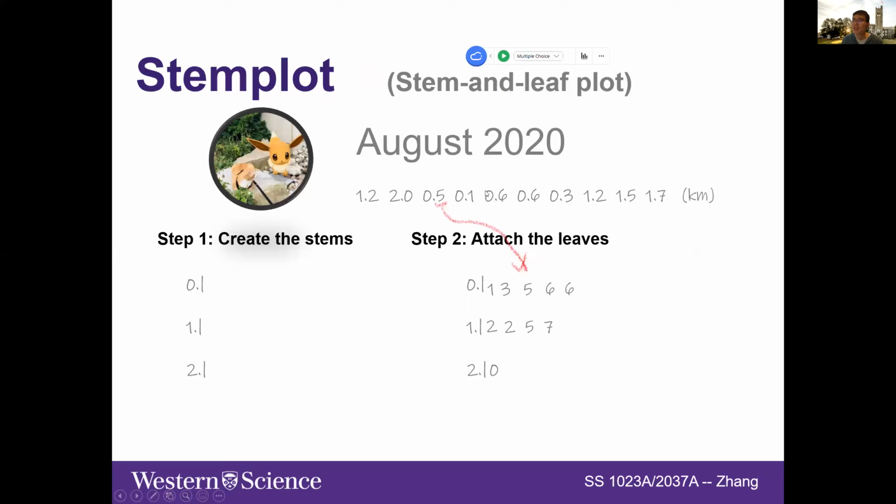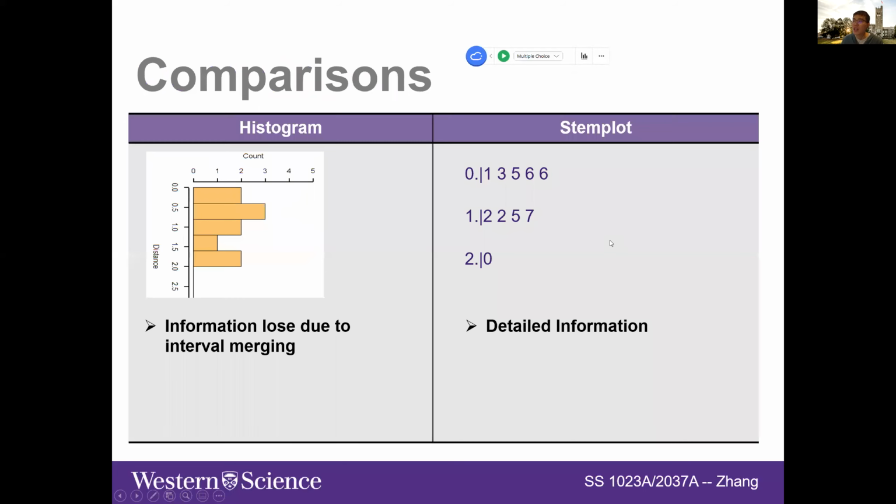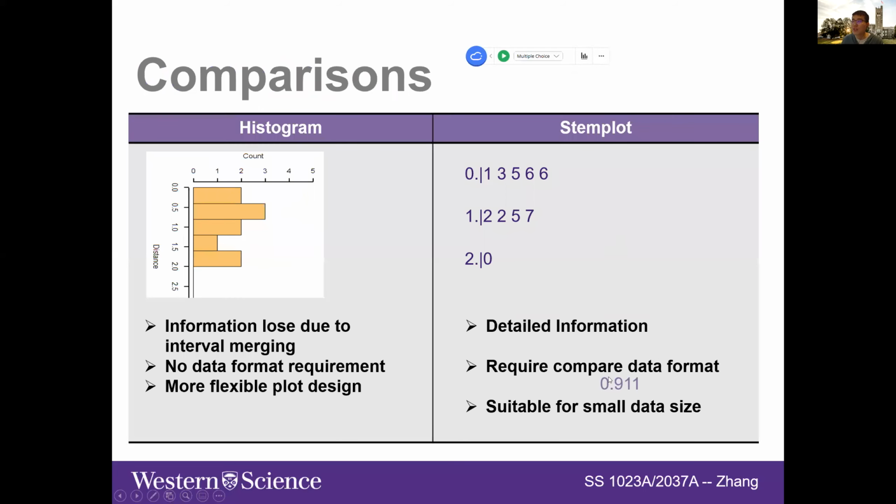So you can see that the format of this data set is pretty similar. And as you can imagine, if we get another data point, say 0.911, what should we do with it? Can we just directly put that in? That's really confusing. So that's the problem for the stem plot: we have a very high requirement for our data points.